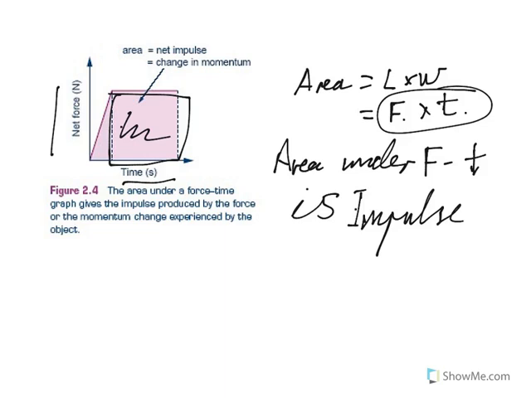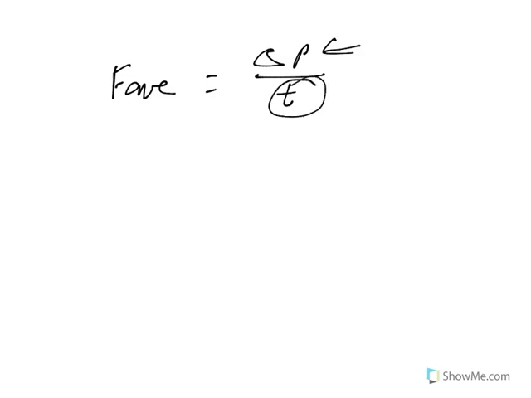So airbags work like that because remember that the average force is the change in momentum with time. So if we're in a car or something, we're moving at 60 km/h, there's a momentum.